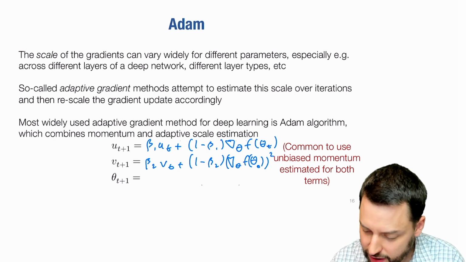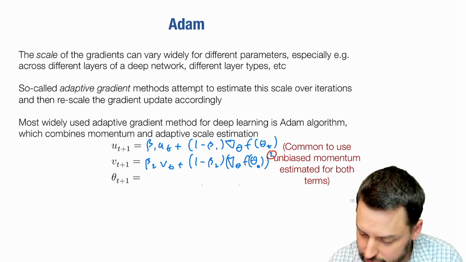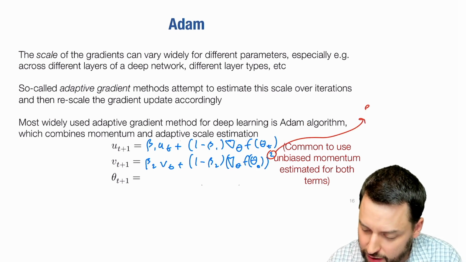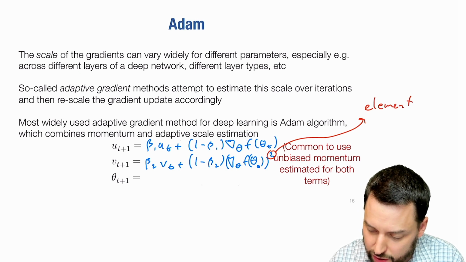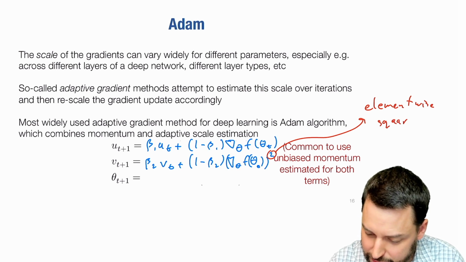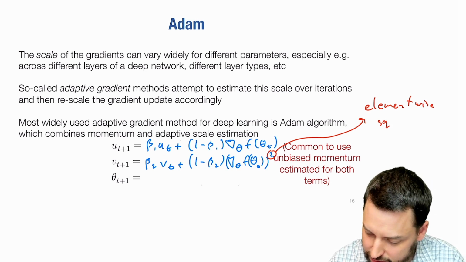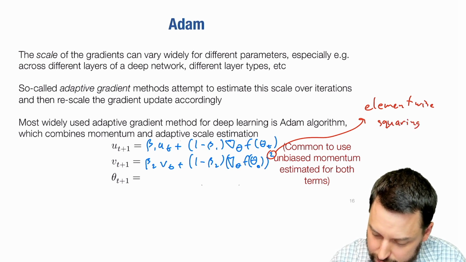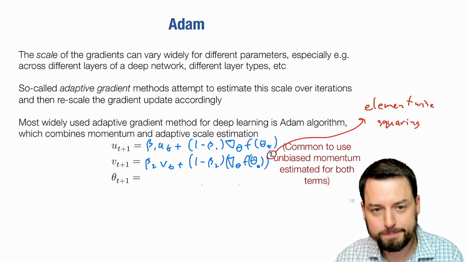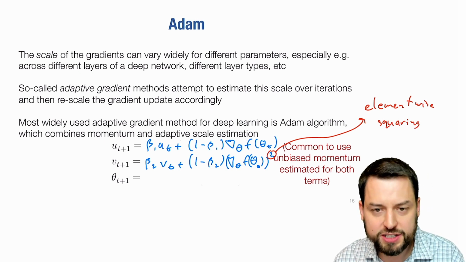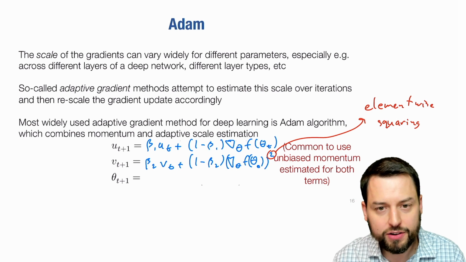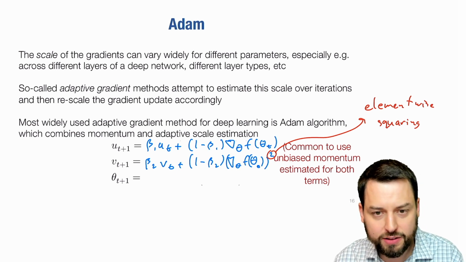And this in particular, I want to emphasize, is element-wise squaring. So what this does is compute a running average of the square of the gradients.